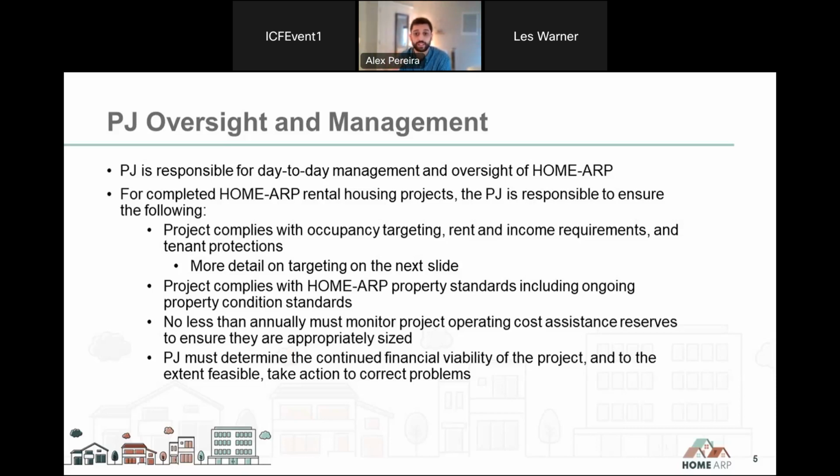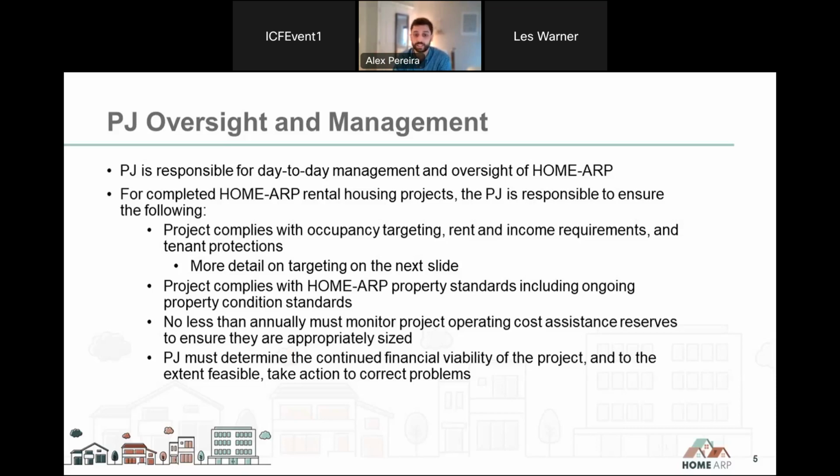But to the extent that a project has those reserves in place, it is the responsibility of the PJ to monitor those reserves, both at the initial capitalization and during the compliance period, to make sure that the reserve is appropriately sized.